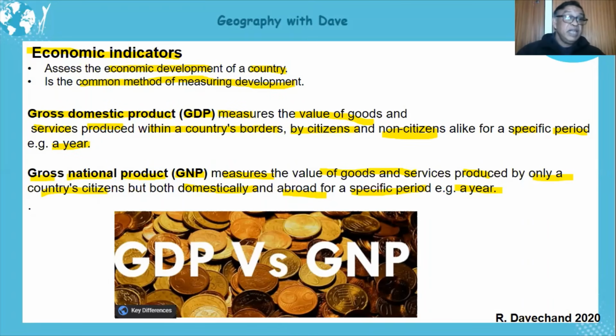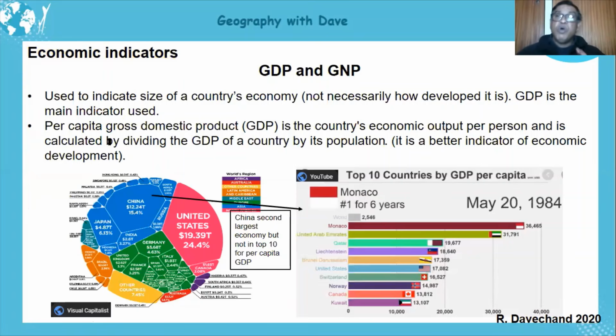Now, what we must note, learners, is that these are used to indicate the size of a country's economy. Generally always used for development, but the size of a country's economy, not necessarily how developed it is.